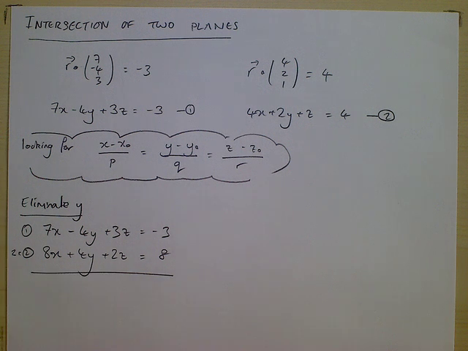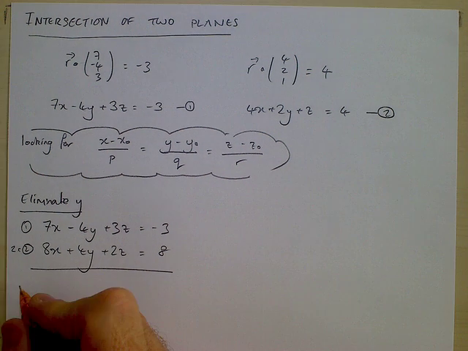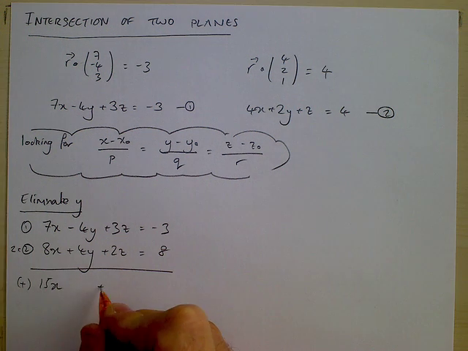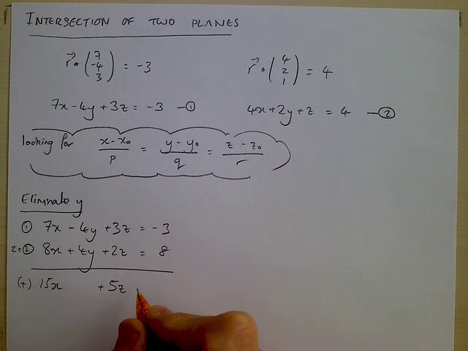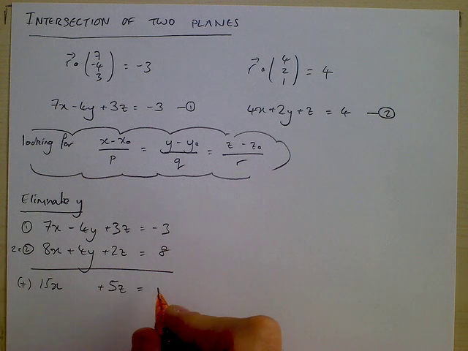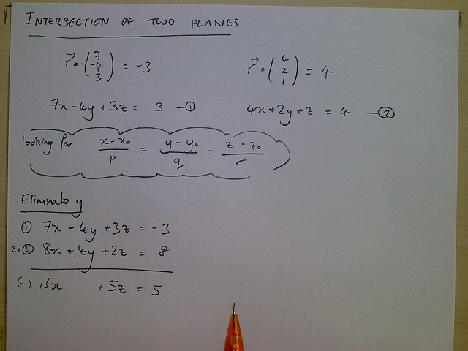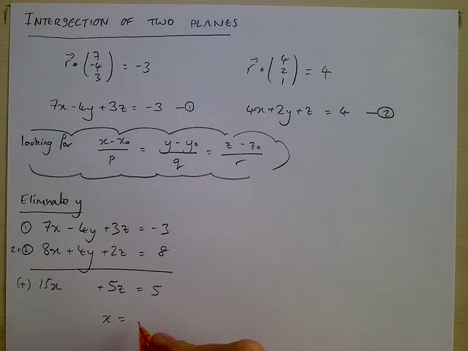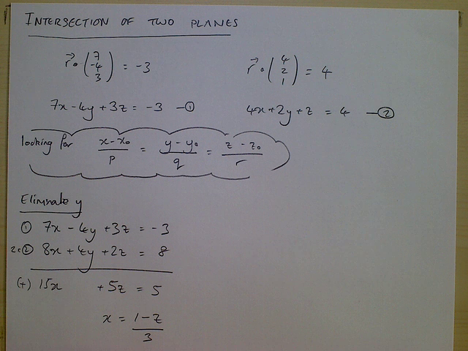I'm going to add those two equations to eliminate the y, which is going to give me 15x plus 5z is equal to 5, and I can then divide through by 5 and rearrange. I'm going to get x is equal to 1 minus z over 3. So I've now got x in terms of z.